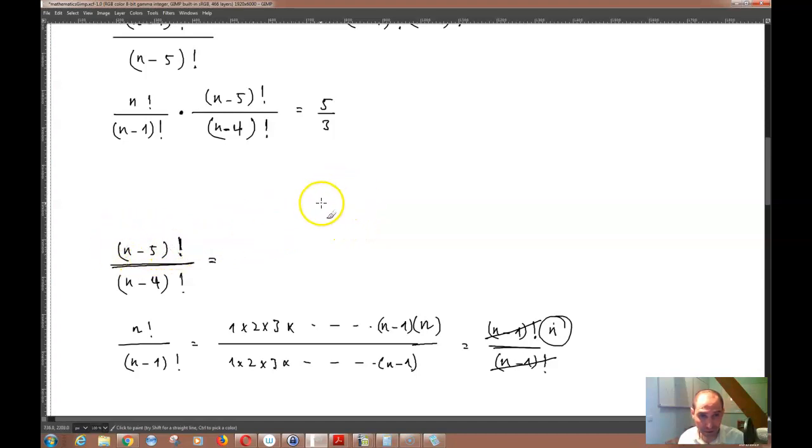Let's say that, for example, you have n factorial. That's the same thing as 1 times 2 times 3 times 4 times all the way up to n. Now the term that comes prior to n is n minus 1. Then you have n minus 2. Then you have n minus 3. And so on and so forth.